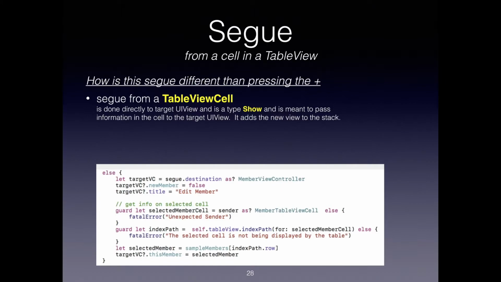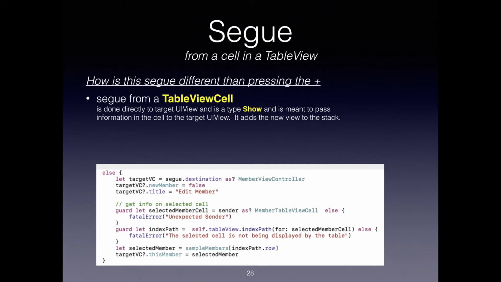That's basically how you're passing the data of the cell you've tapped to the target, which is the member table view cell. And we already saw that when you're displaying an existing member, the system just takes whatever is in the this member property and populates the view with it.